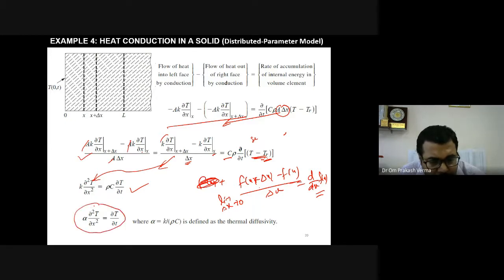This is the second equation, where alpha is defined as k by rho C, and alpha is the thermal diffusivity, which represents the potential of diffusion, how it tends to diffuse.